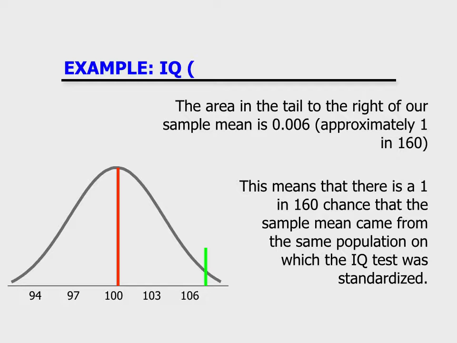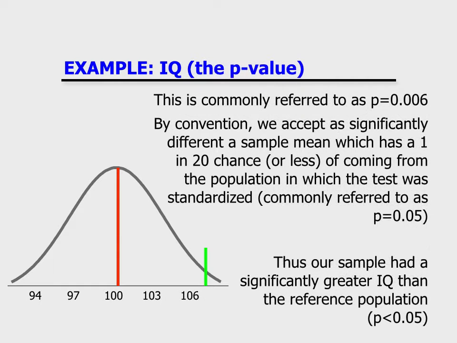We're going to say that there is a 1 in 160 chance that the sample mean, meaning your sample of 25 people, came from the same population on which the IQ test was standardized, where the actual score was an average of 100. So, what does that really say? Well, there's a very small chance, 1 in 160, that the sample mean came from the same population that the IQ test was taken from.